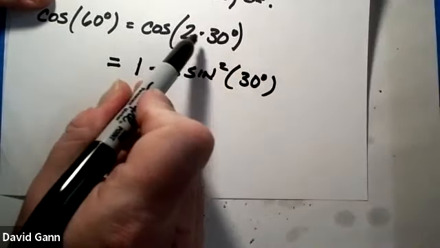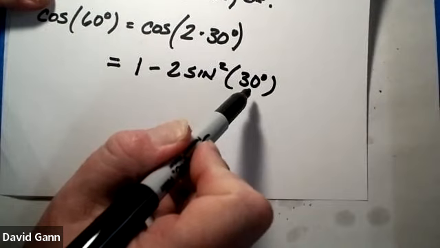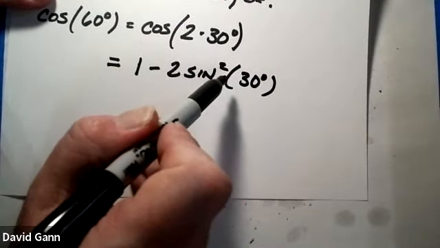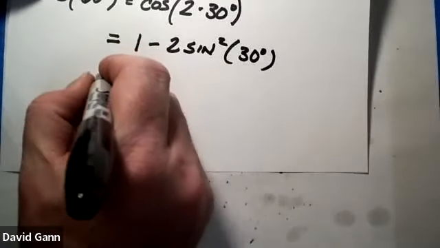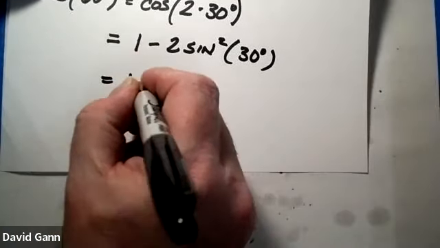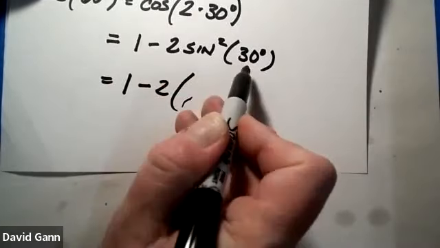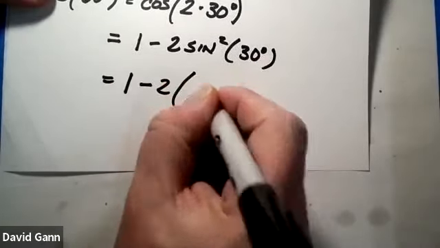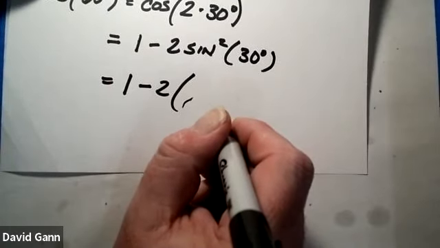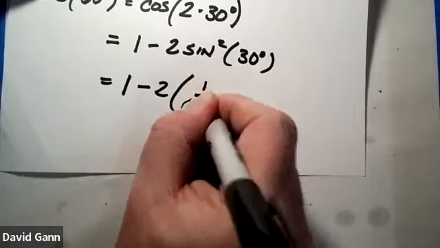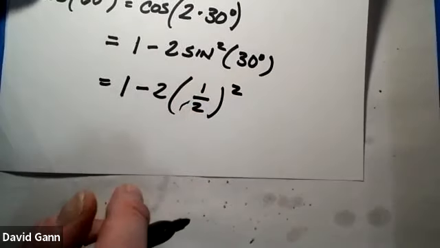And so here you're seeing 2 times 30, here's 30. So this is clearly a double angle formula. And now I'll just substitute. So I've got 1 minus 2 times the quantity. Well, sine of 30 degrees is 1/2, right? Sine of 30 degrees is 1/2. And don't forget to square it.